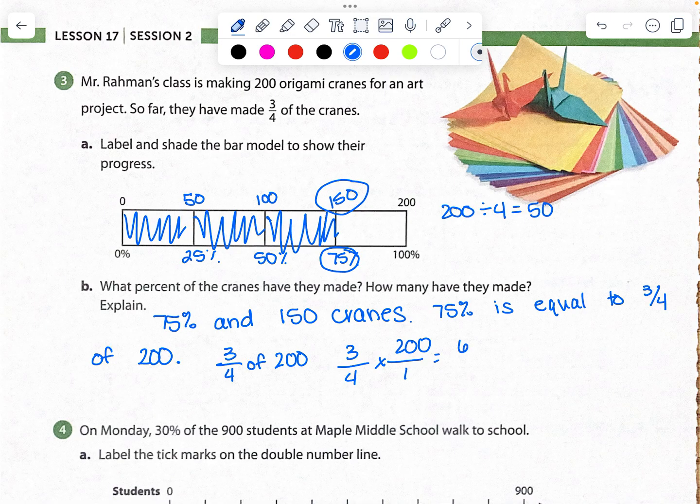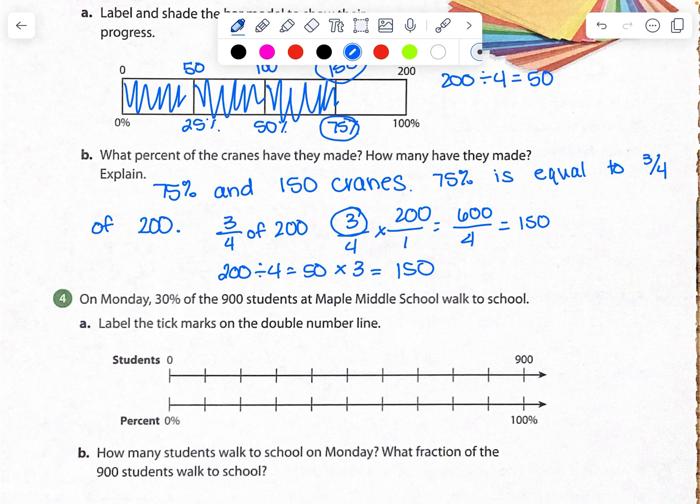That would be 600 divided by 4. When you do 600 divided by 4, you're going to get 150. Or you can think of it as if you break 200 into 4 parts, that's 50. And then the 3 in the fraction means you have 3 of them, so multiply it by 3, which is 150. All right, moving on.